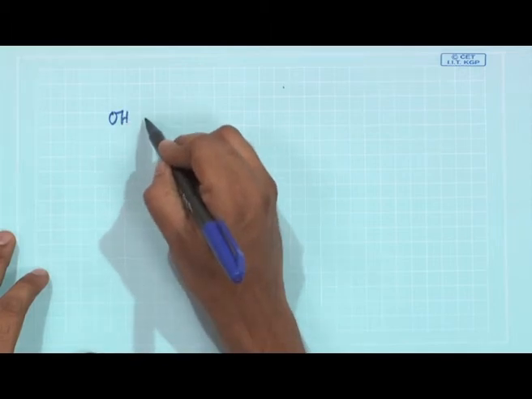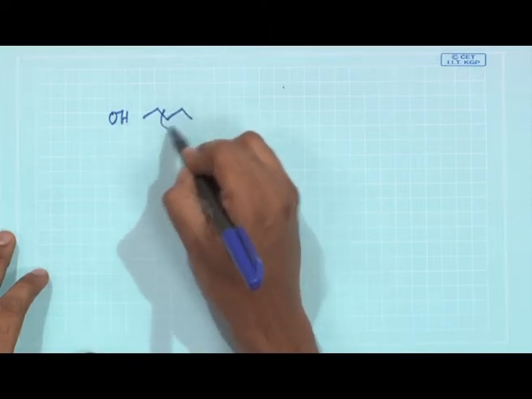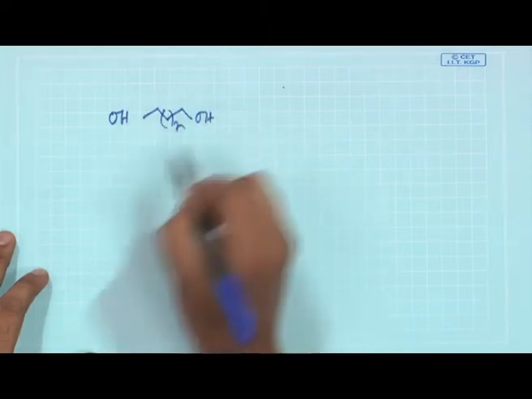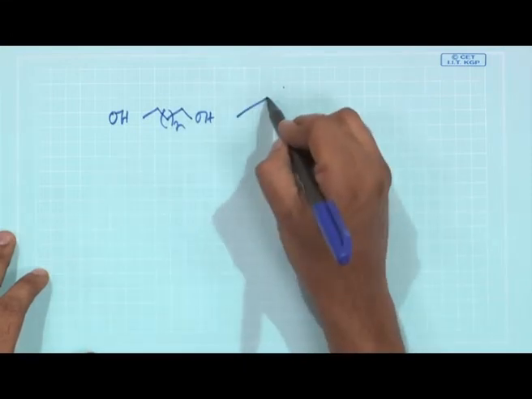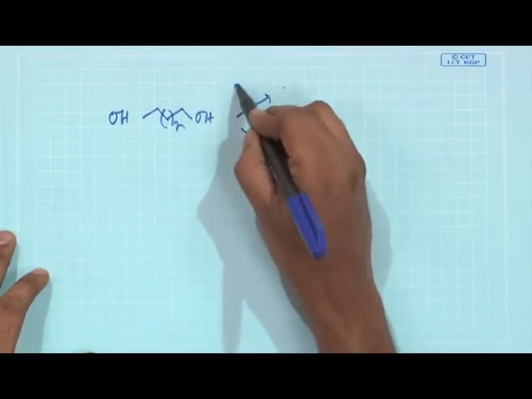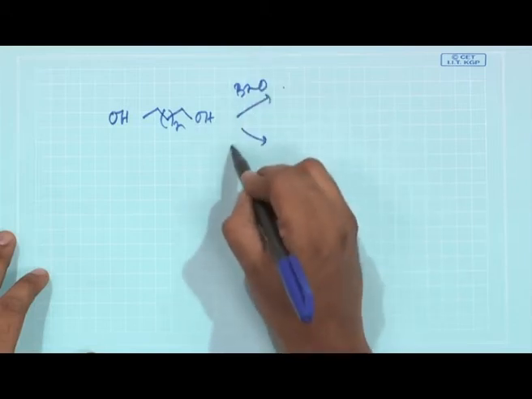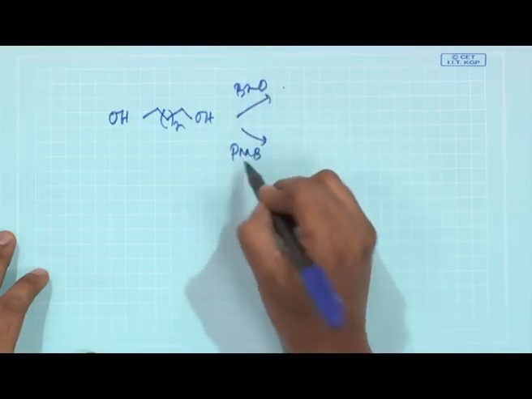Similarly, I will talk about another two protecting groups, though these are not very orthogonal in the true sense. Say you have a similar 1,n-diol, and you react it with protecting groups called benzyl and PMB.